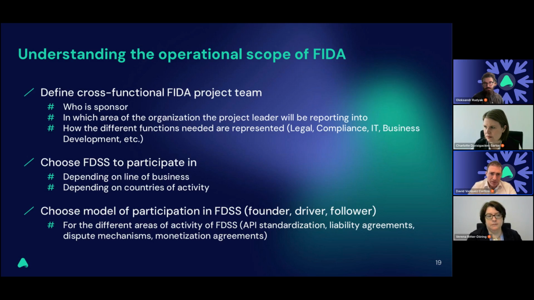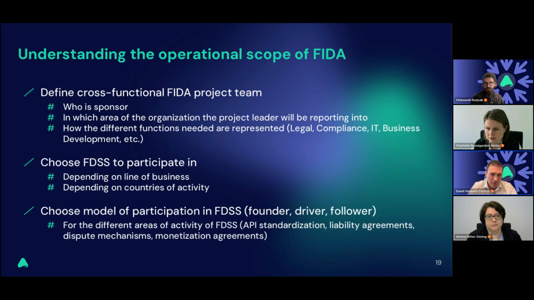The second thing is that as a company, you need to choose in which financial data sharing system you're going to participate. Your company is offering products in a given set of countries. So this is going to depend on which products, because there will be different FDSS, and they will also be probably country specific.